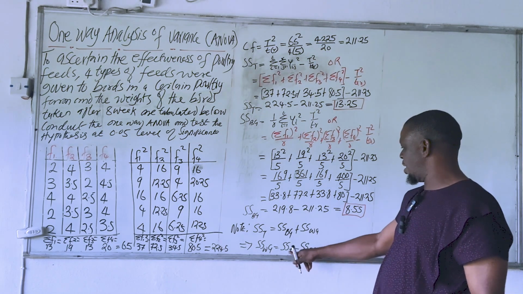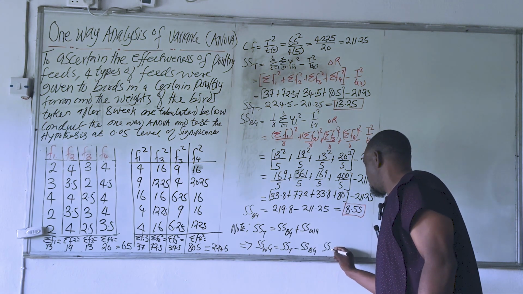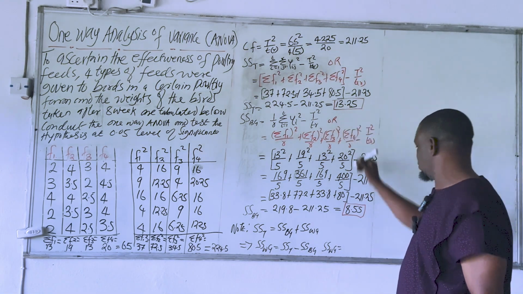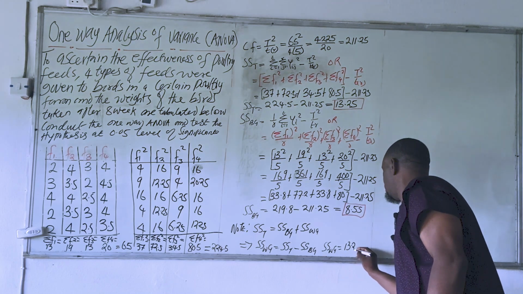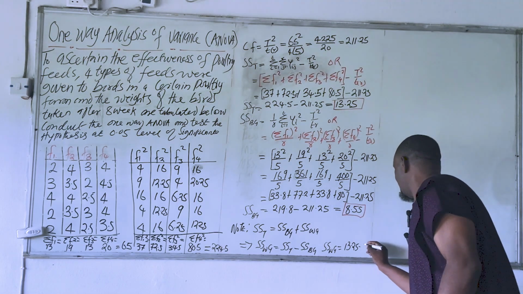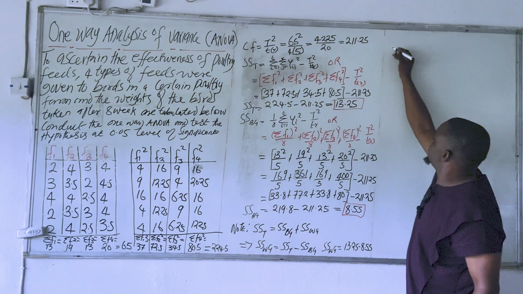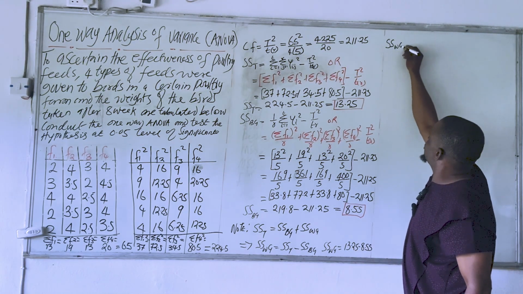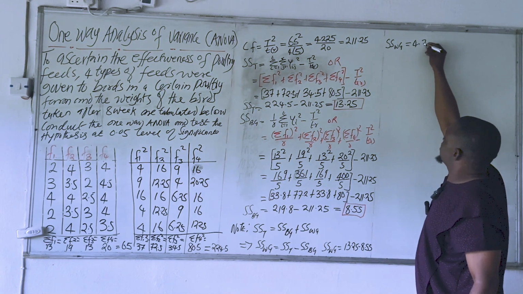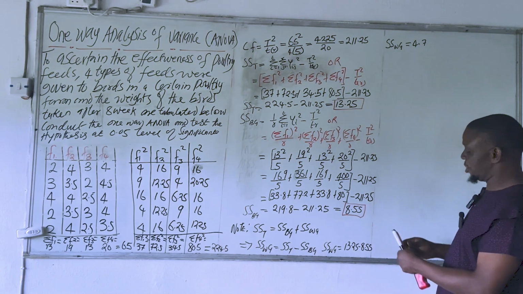We have been able to calculate sum of square total as 13.25, minus our sum of square between group, which we calculated as 8.55. So if we subtract that, our sum of square within group will be equal to 4.7.